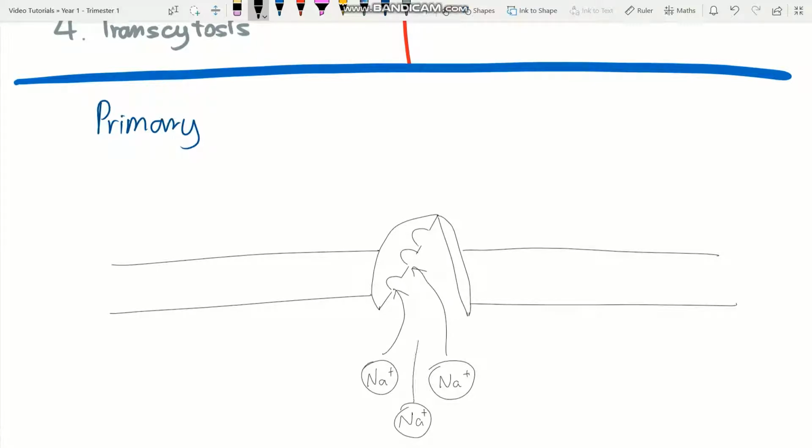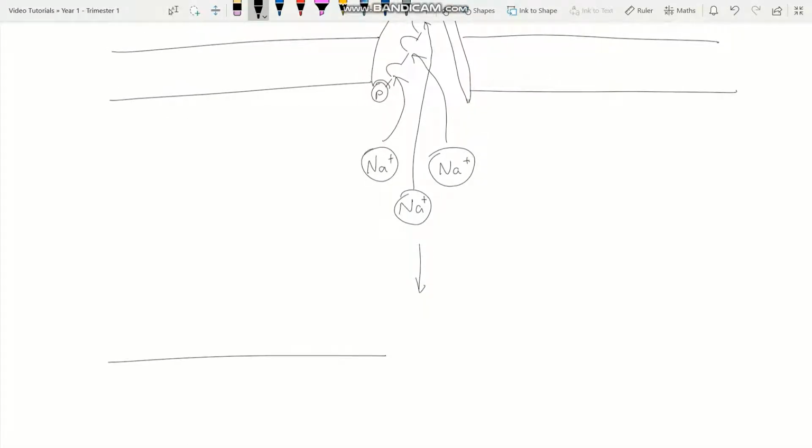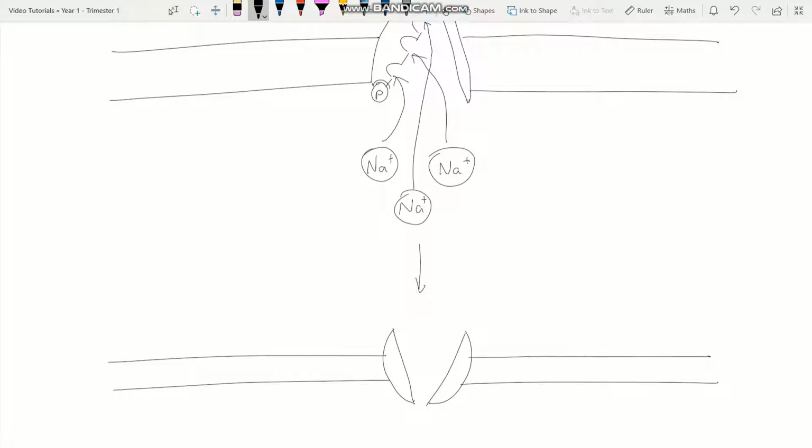And now you may be wondering, how does the transporter get the energy to do this? Well, it also contains a certain site where a phosphate group of an ATP molecule is able to bind. And this provides the energy from the bonds that are present in the ATP molecule to cause a change in the conformation of the transporter protein to therefore allow the sodium molecules to pass out of the cell.